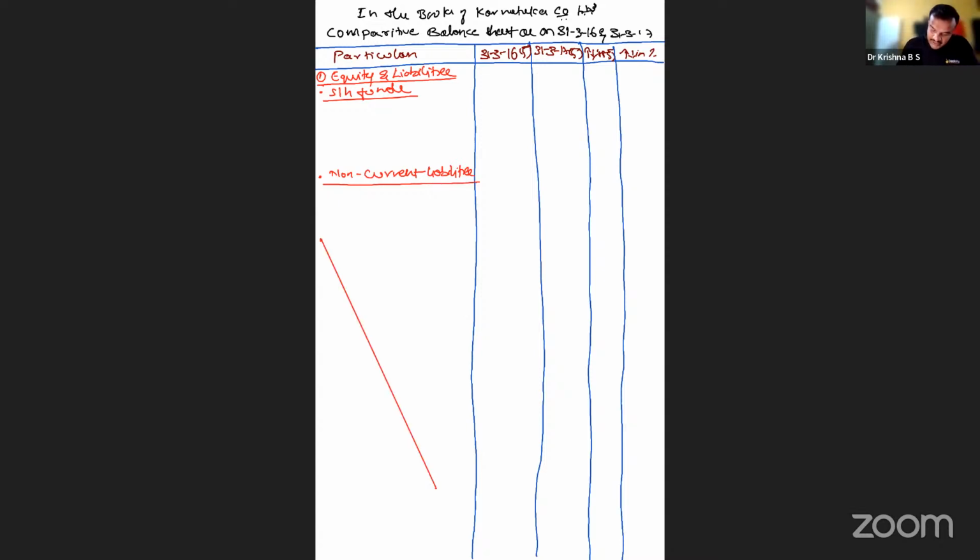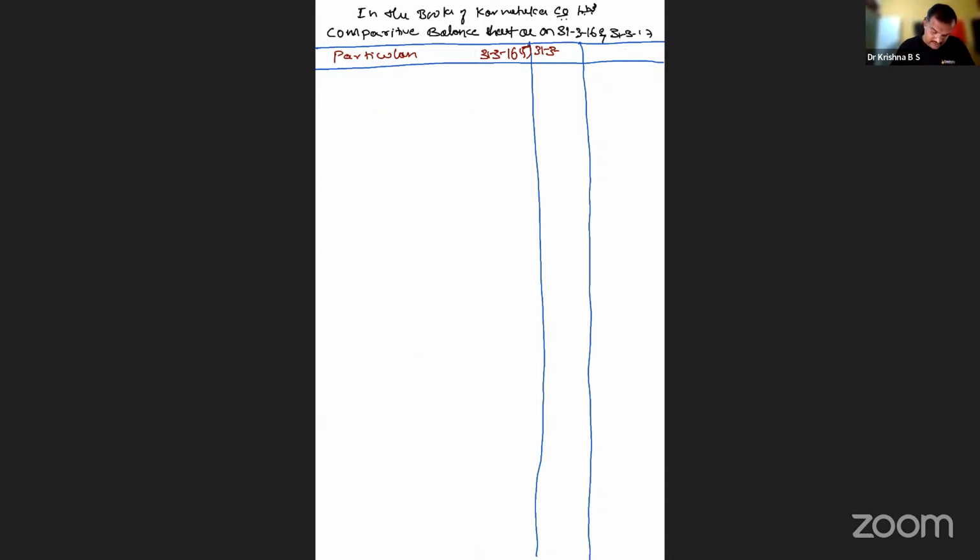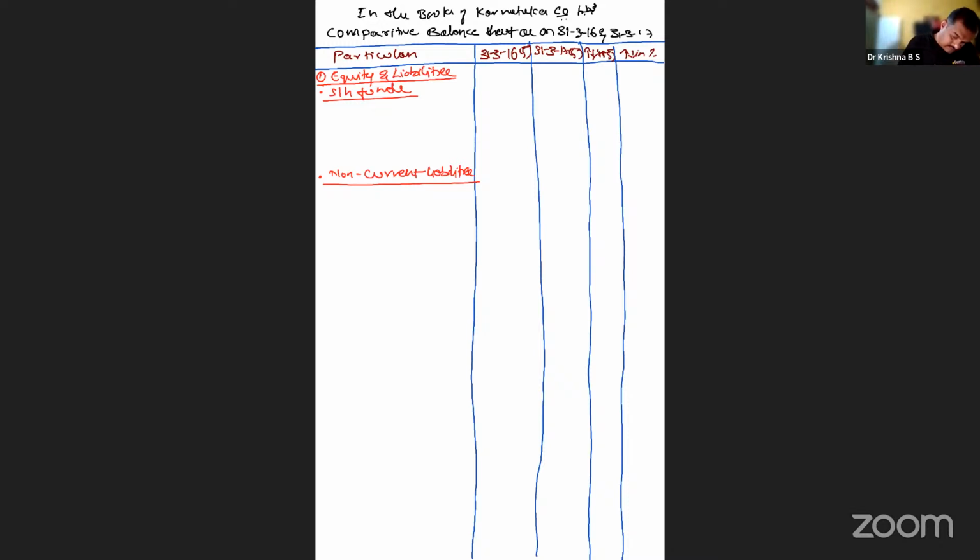Then the third one will be current liabilities. Then total equity and liabilities.